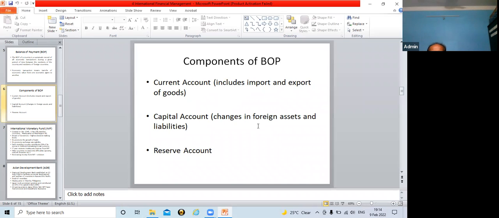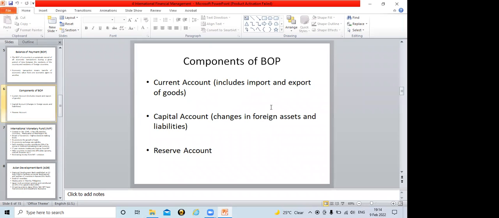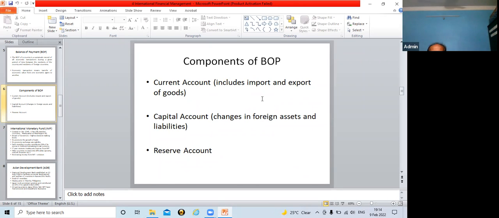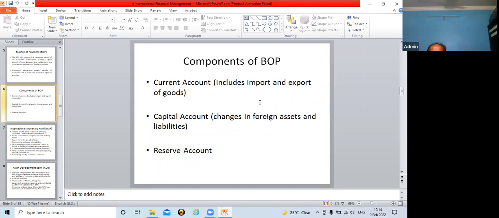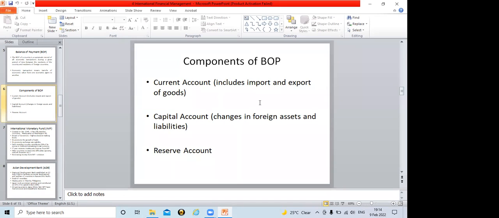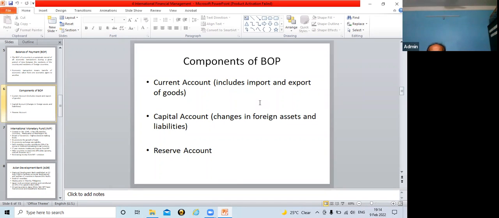Am I audible? Yes, sir. So can you give me some example of import? What we import from? Electrical machineries, equipments, etc. Yes, equipment, electronic components, machinery. So these are the items we generally import from other countries.